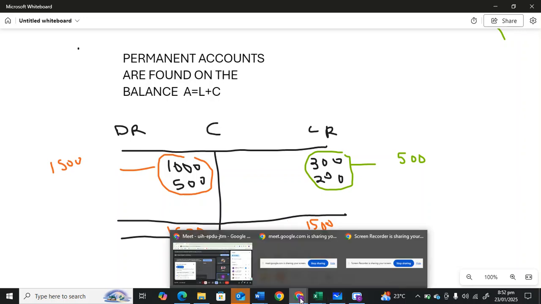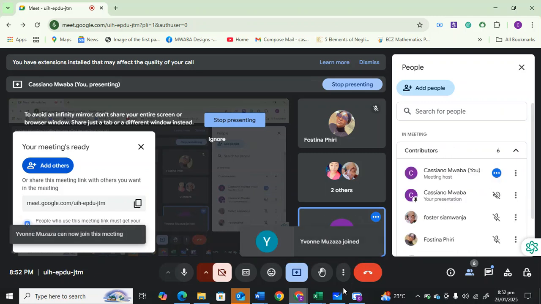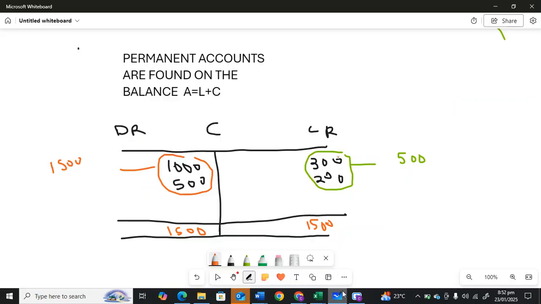So we're going to say 1,500 minus 500. Our difference is 500. So this difference that we've got, we're going to put it on the lower side. In this case, the credit side is the lower side. All right, so we're going to put this 500 on the lower side.